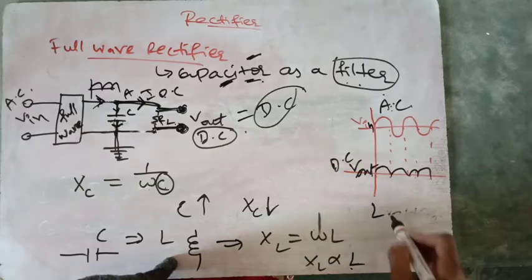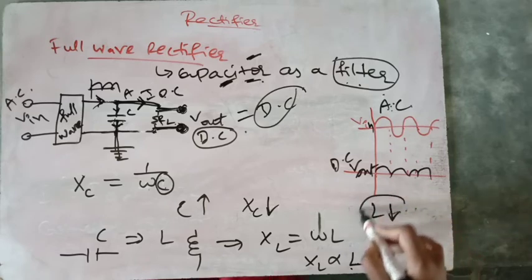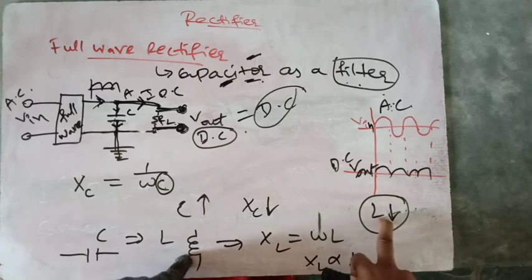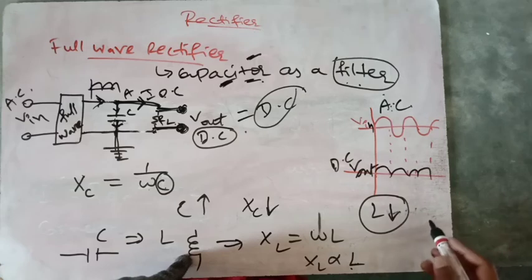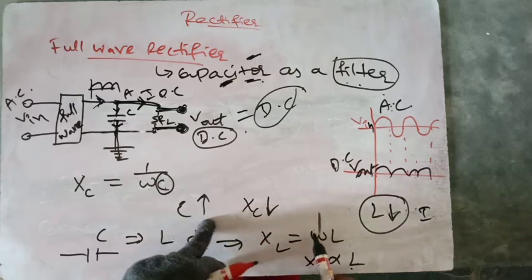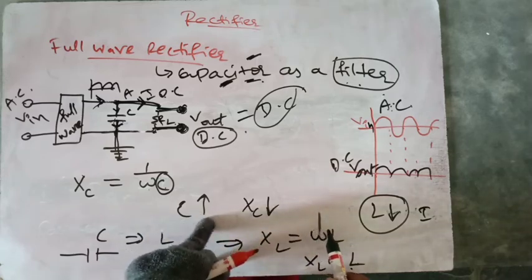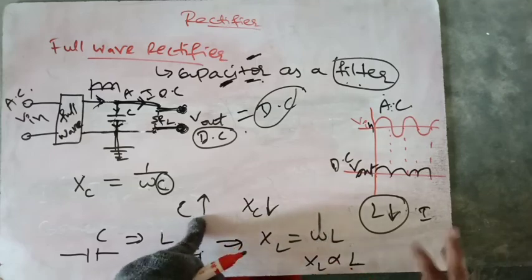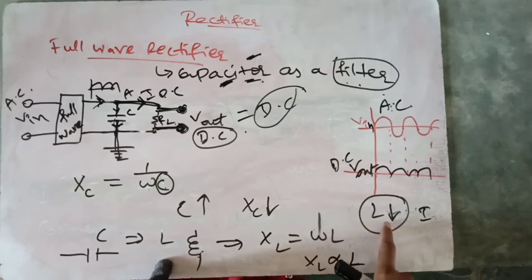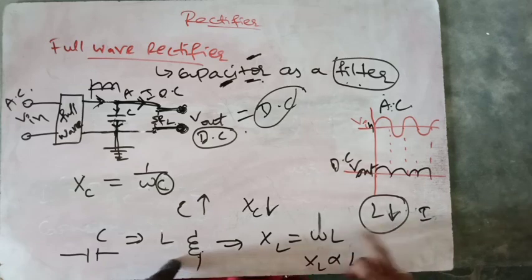Therefore, you have to take a small inductance. The inductor we take must have low inductance, then only is the flow of current possible through it. The capacitor must have high capacitance, but if you take an inductor in place of the capacitor, the inductance must be low for the passage of current through the inductor.